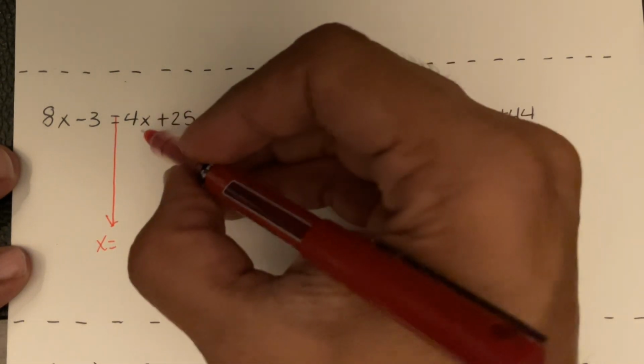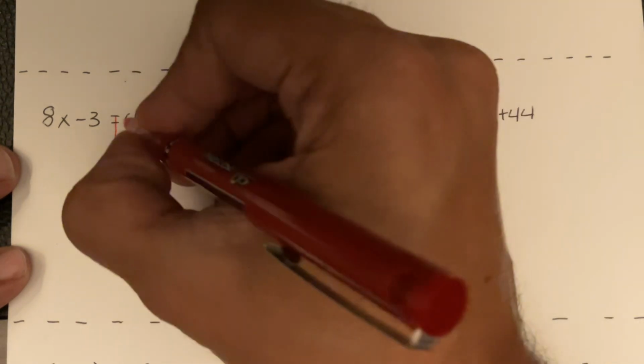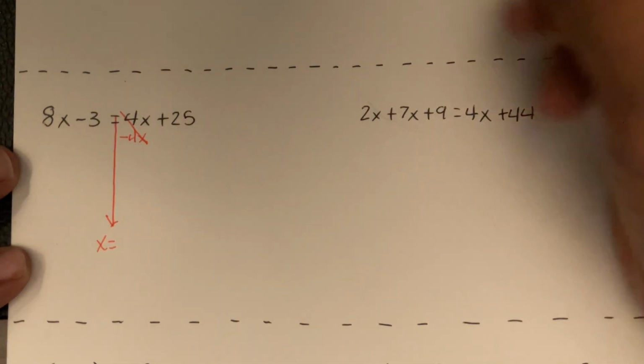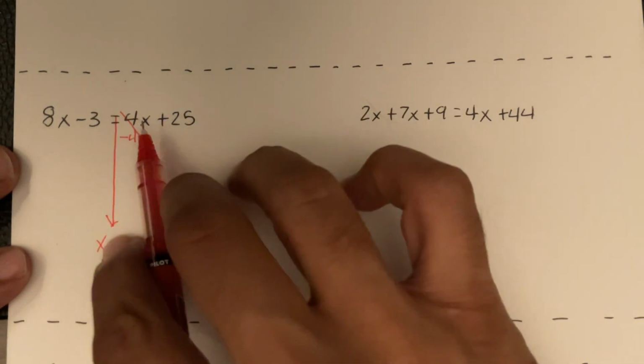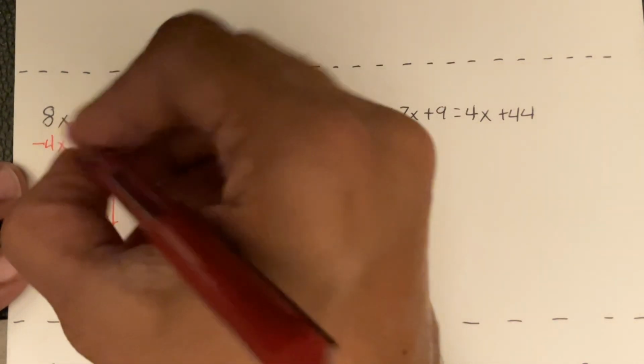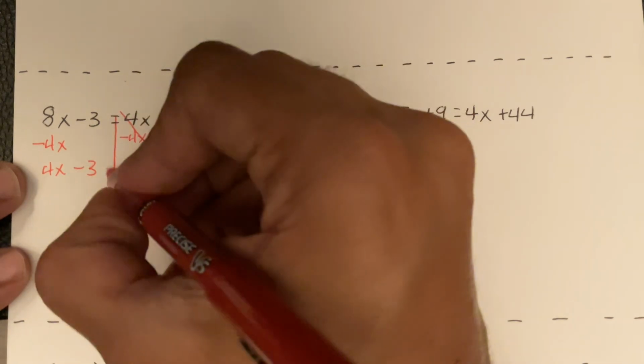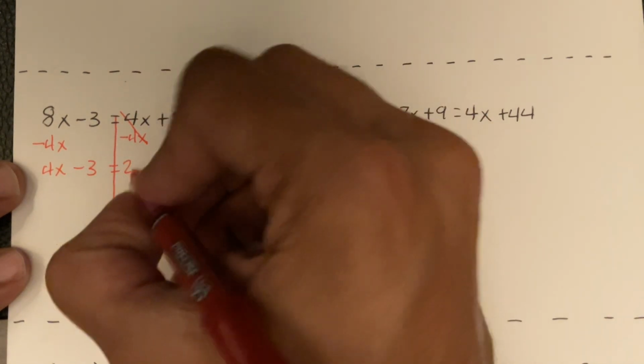So I'm going to get rid of these x's. I'm going to subtract 4 x's, and now these are gone. But to keep the equation balanced, whatever you do to this side, you must do to the other side. So now we're left with 8x minus 4x is 4x minus 3 equals 25.